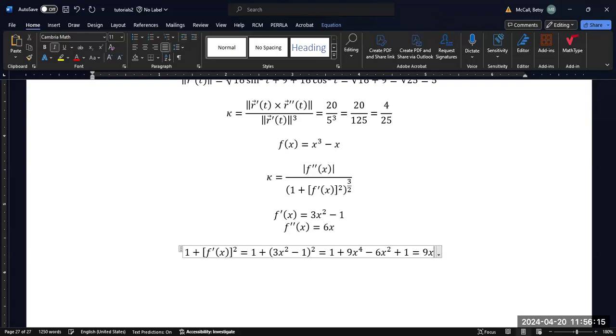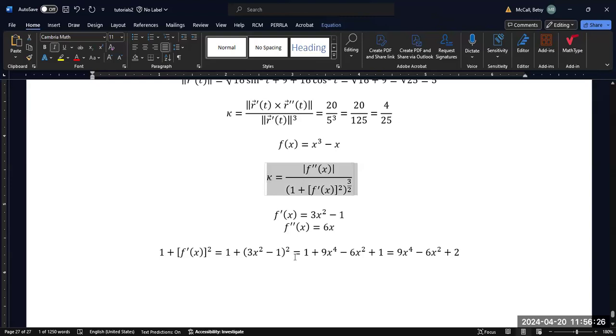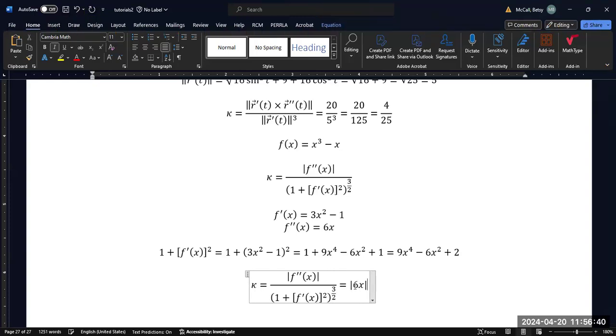And so 9x to the 4th minus 6x squared plus 2. And so my formula is going to become the absolute value of 6x divided by 9x to the 4th minus 6x squared plus 2 to the 3/2 power.